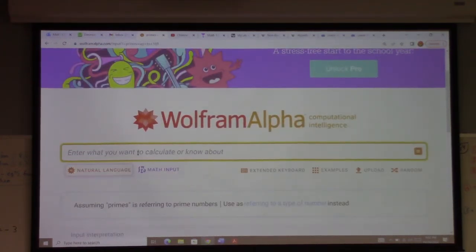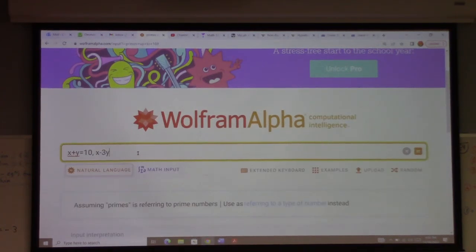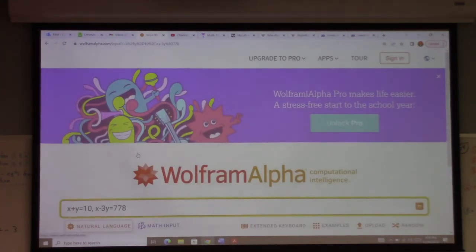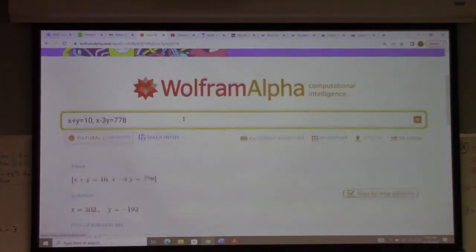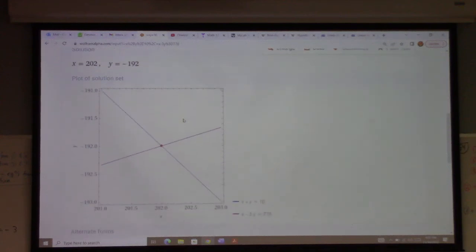So if I wanted to solve x plus y equals 10, comma, x minus 3y equals 778. There you go. Apparently the solution of x plus y equals 10 and x minus 3y equals 778 is 202 comma minus 192. And graphically speaking, there it be.